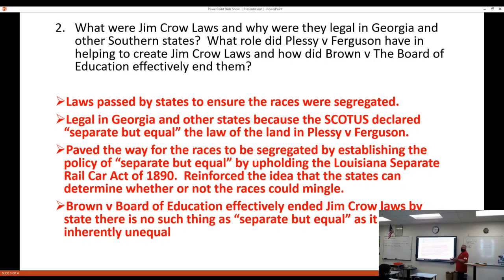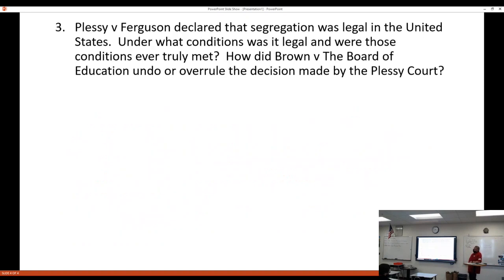So Brown versus Board states that separate but equal is never equal. It's inherently unequal. And then finally, Plessy v. Ferguson declared that segregation was legal in the United States. Under what conditions was it legal, and were those conditions ever truly met? How did Brown versus the Board of Education undo or overrule the decision made by the Plessy court?